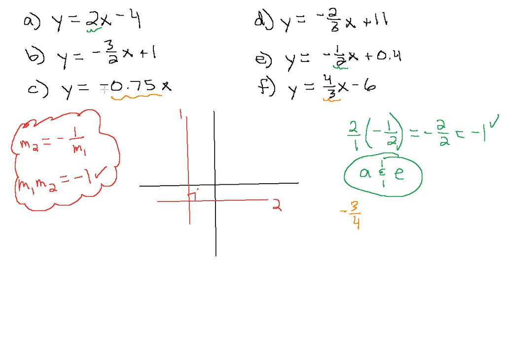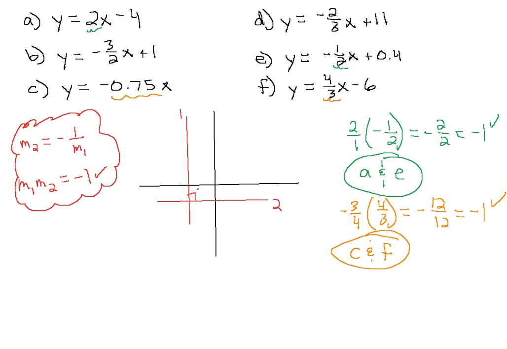We have a negative 3 over 4. We want to multiply that with 4 over 3. We're multiplying a negative and a positive, which gives us a negative. 3 times 4 is 12. And 4 times 3 is 12, which gives us a negative 1. That checks out, which means the two lines C and F are indeed perpendicular.